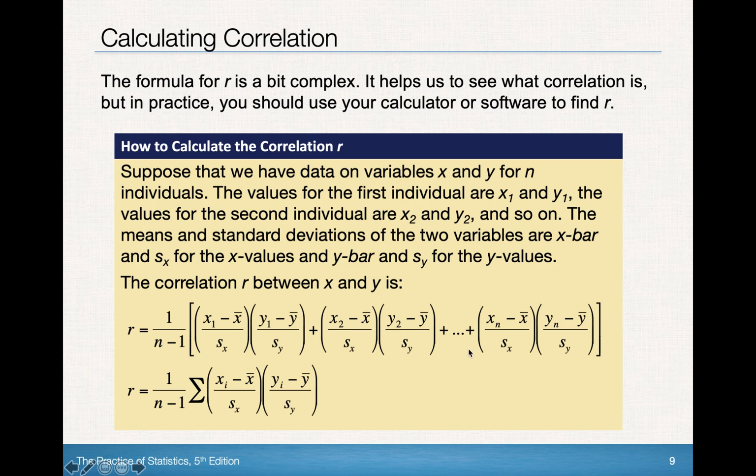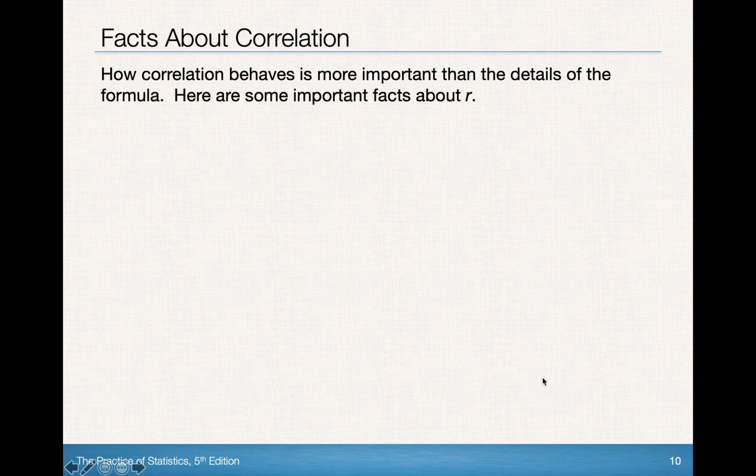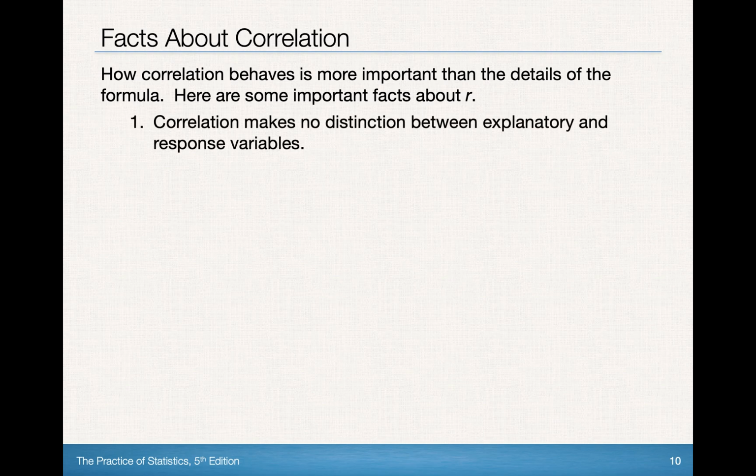Okay, now the formula itself is complicated. We're not going to use it, but we do have to interpret it and understand how it works. So here are some facts about correlation. 1, correlation makes no distinction between explanatory and response variables. For example, we looked at points per game versus wins, where points per game was the explanatory variable and number of wins was the response variable.